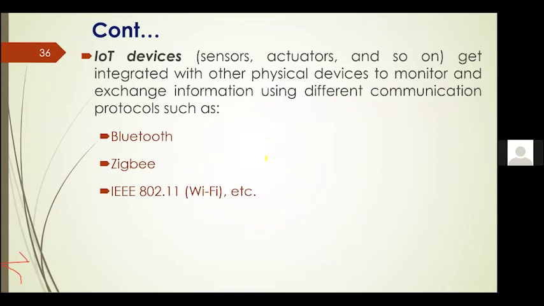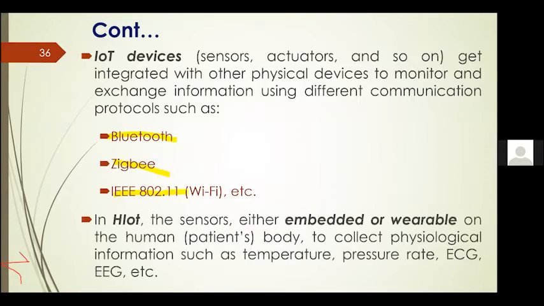IoT devices like sensors, actuators, and many more get integrated with other physical devices to monitor and exchange information using different communication protocols such as Bluetooth, Zigbee, IEEE 802.11, that is Wi-Fi.